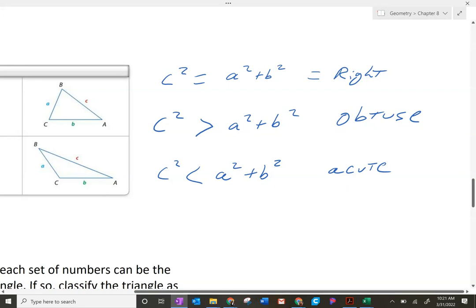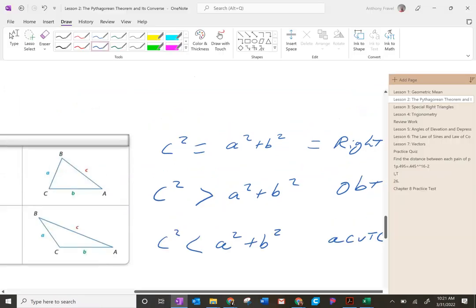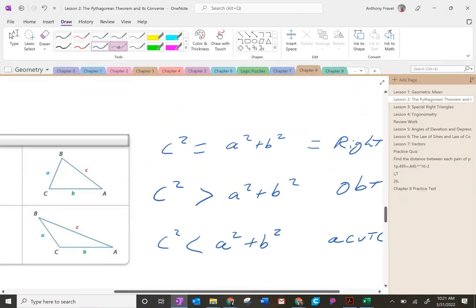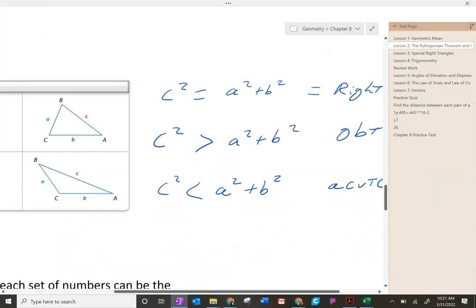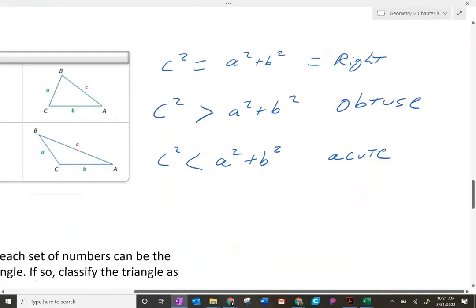Okay. The one other part that I want to put out is how we can figure out which letters are going to stand for which sides. Here is the really simple trick to figure out which one is going to be your C side of the triangle. Okay?